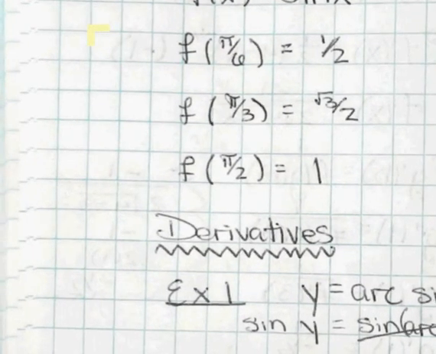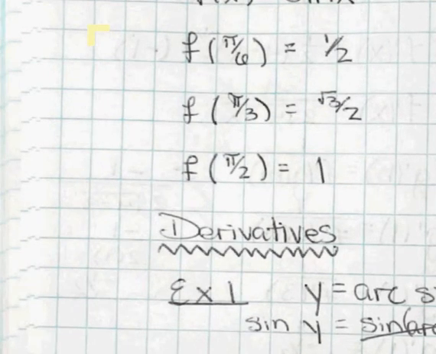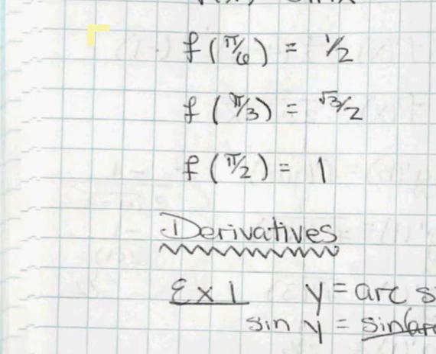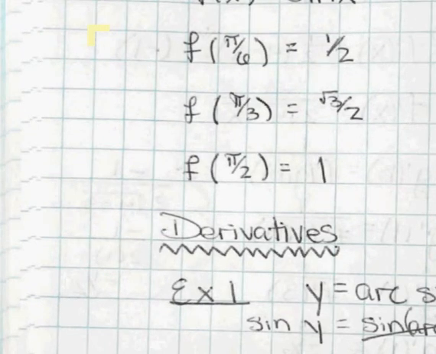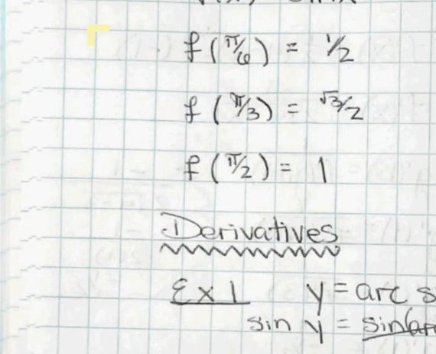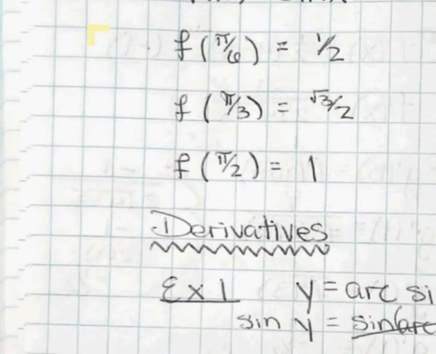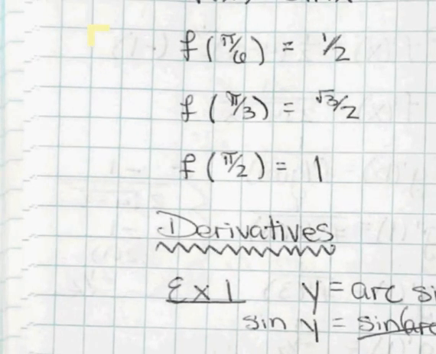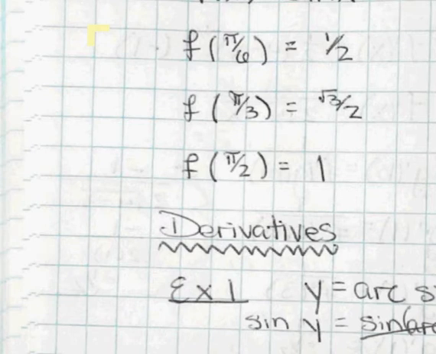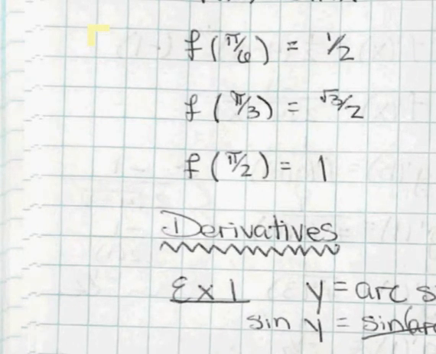In a unit circle, the hypotenuse is always 1. Now, what's the best way to explain this?